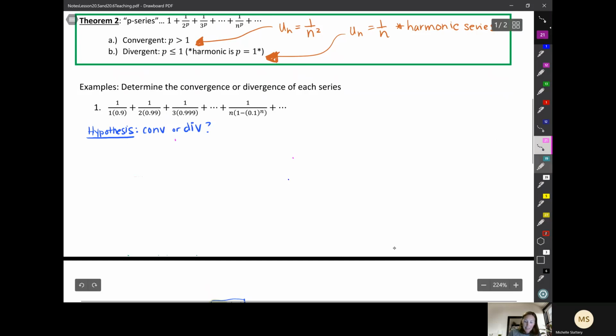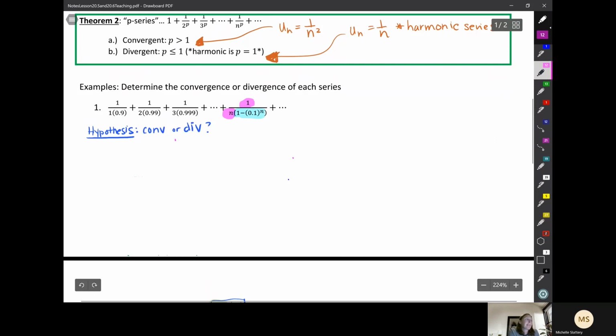Well, I kind of think that if I were to take away this right here, now 1 minus 0.1 to the nth power is really, really small. So that's not going to have a huge effect as n goes to infinity. And if I take away what I highlighted in blue there and look at what's left, the numerator is 1 and my denominator would be an n.